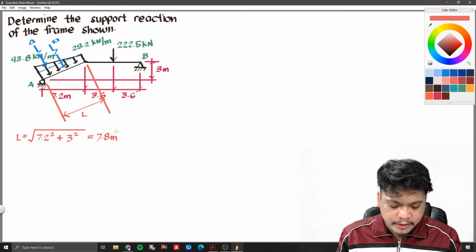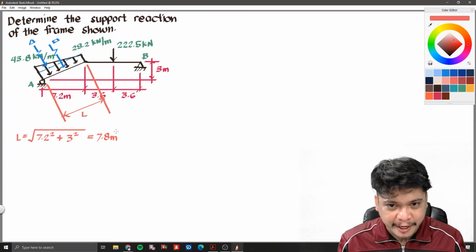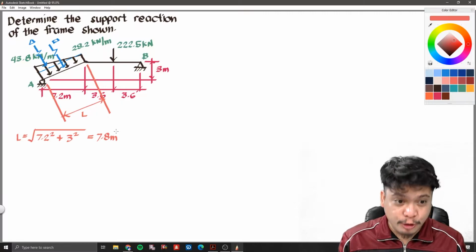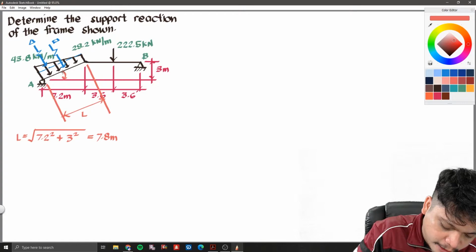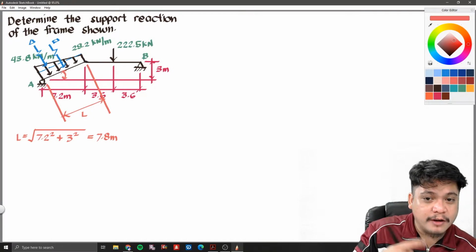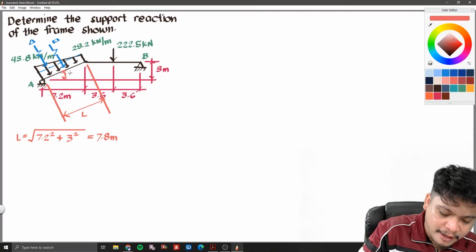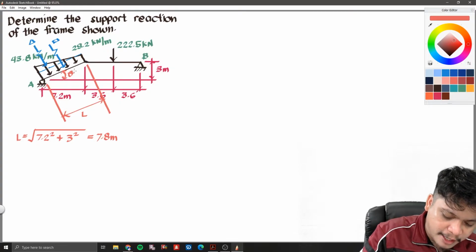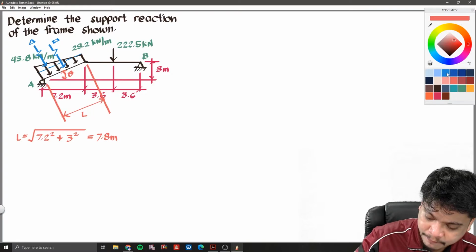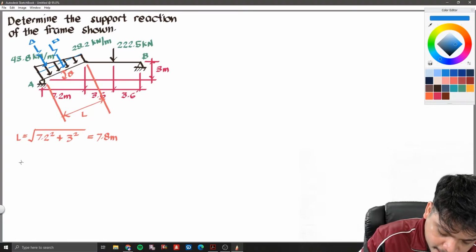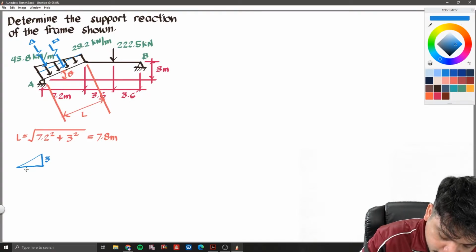Okay? So, pwede mong gawin, para makuha mo yung slope, kasi pwede natin kunin yung slope nito eh. Okay, so pwede mong gamitin yung triangle method, pero pwede mo rin gamitin, kunin natin yung theta, no? Okay, so kumbaga parang meron ako ditong triangle, and then ito yung 3 meters, and then ito yung 7.2, and we are after the theta.